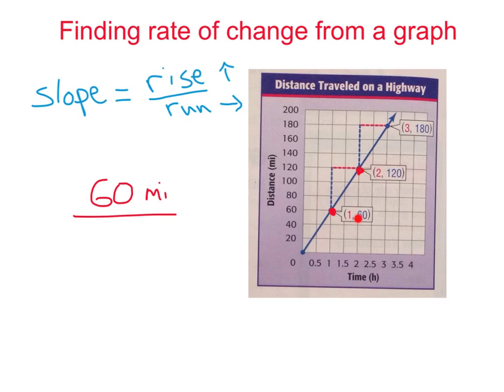So I moved a total of 1 hour. So I'll put that right here, 60 miles on the top, that's the rise, and the run is 1 hour. So my slope is 60 to 1, or 60 I could say, and what that means is I travel 60 miles for every 1 hour.